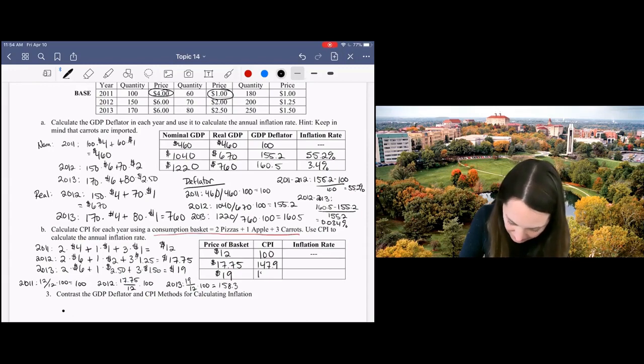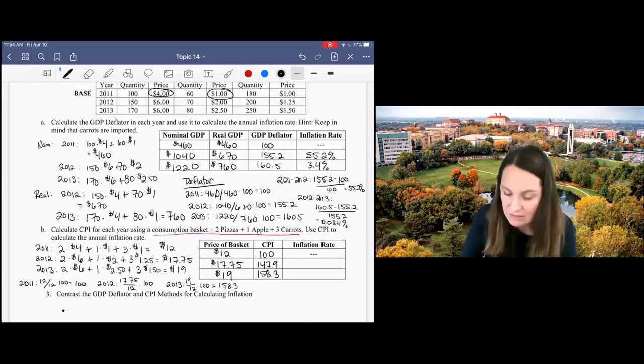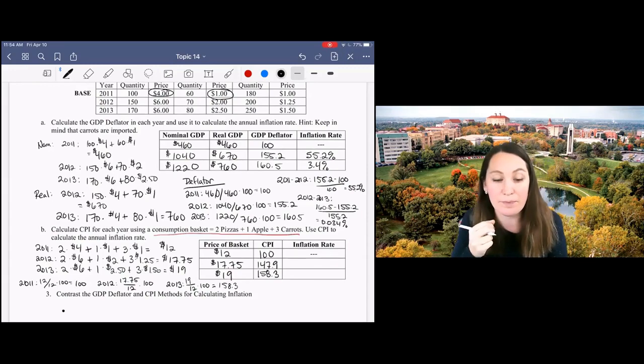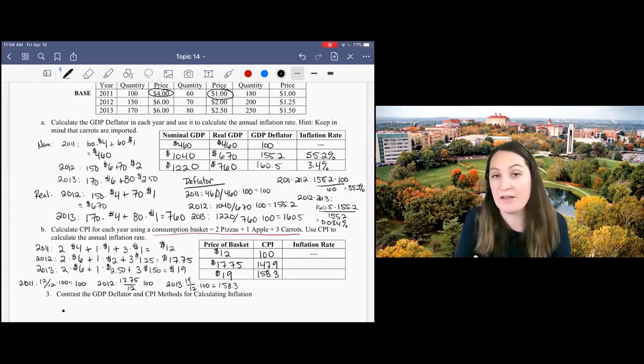And I'm just rounding everything to 1 decimal place. Keep things simple. Okay, good. So now we've got our price index. This is going to be similar to your GDP deflator. It's different, right? You got different numbers, but it's going to be similar to your GDP deflator.